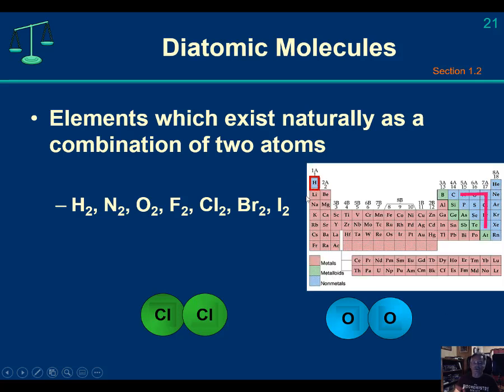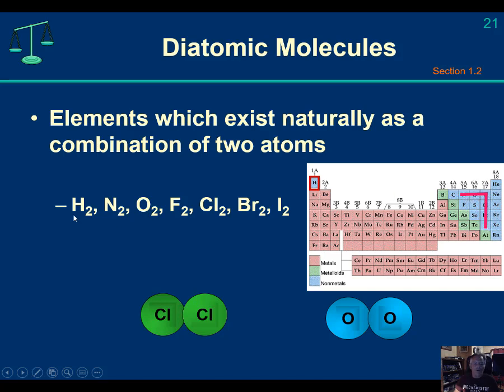Here is how you easily identify which are the diatomic molecules. We'll start with hydrogen over here, and you'll just have to remember it, but it's easy because it's atomic number 1, the first element on the periodic table to the far upper left. Then you go over here to nitrogen, oxygen, fluorine, chlorine, bromine, and iodine.